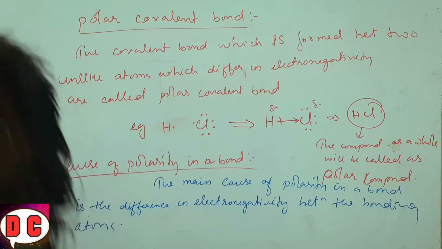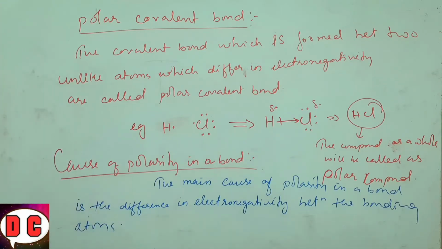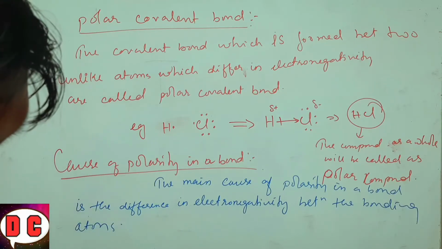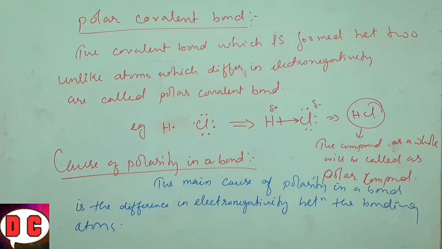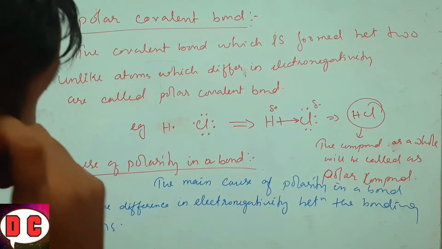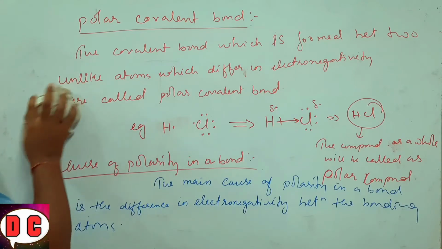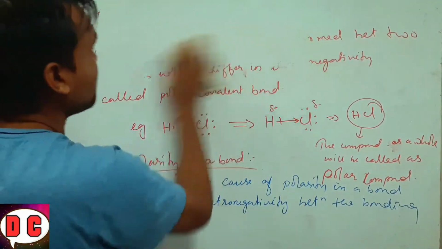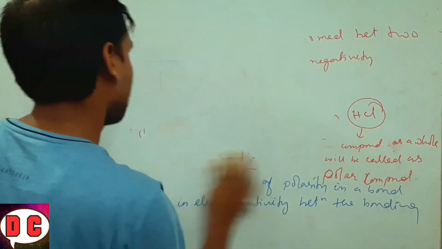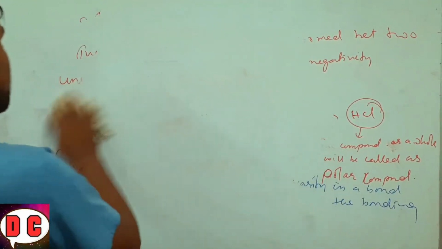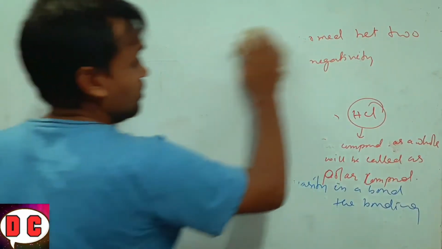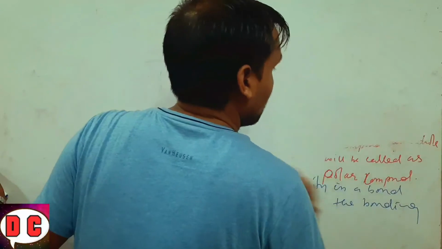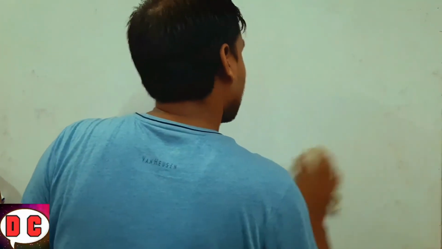Now how do we measure the polarity, the degree of polarity? Measurement of polarity we are going to discuss now. All of you can pause the video and take down the notes. So we have understood what polarity is, what a polar covalent bond is, and the cause of polarity.